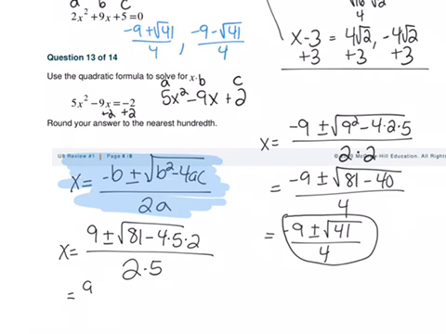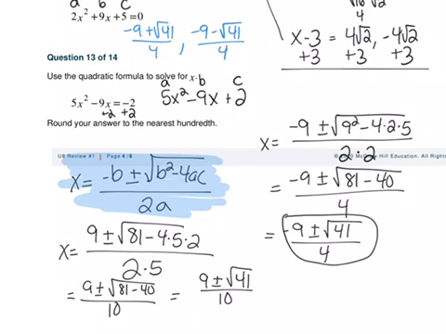So we have 9 plus or minus the square root of 81 minus 4 times 5 is 20, 20 times 2 is 40. So this looks very similar to the previous one, all over 10. And we have 9 plus or minus the square root of 41, all over 10.